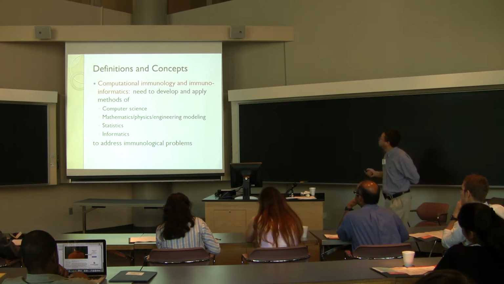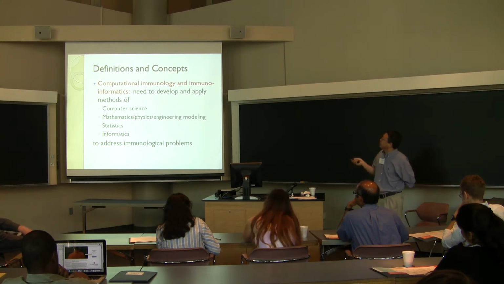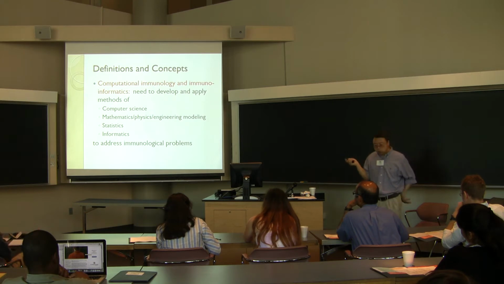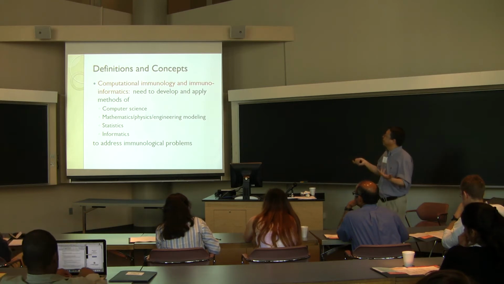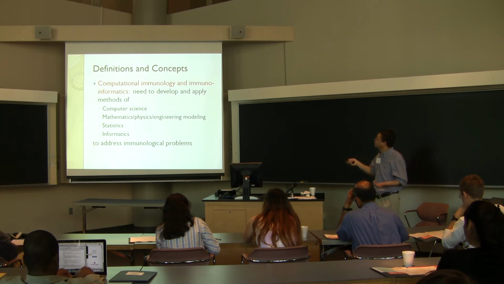Also, in order to do those things, we need to develop and apply the methods. Again, I just summarized all these quantitative or computational technologies from computer science, mathematics, physics, and engineering.